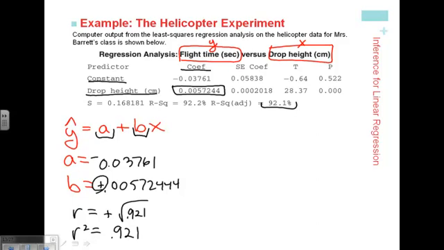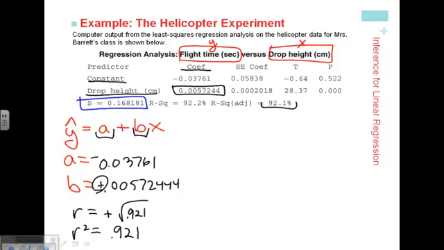Because there's more. We talked about the fact that we would like to know how much variation there is about the vertical lines that go through the line of best fit. The S value, the estimator of sigma. Well, the estimator of sigma is right there in our Minitab output.